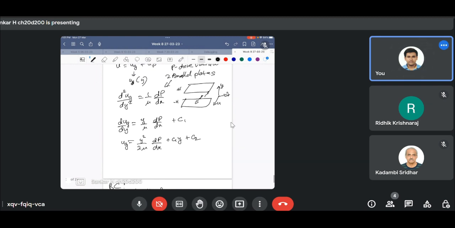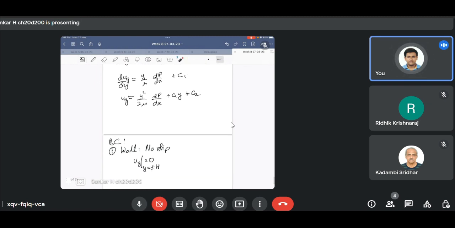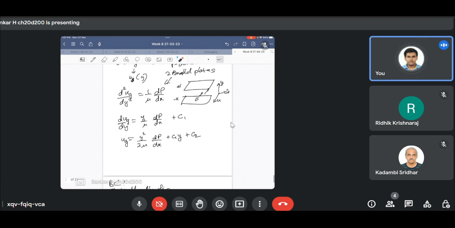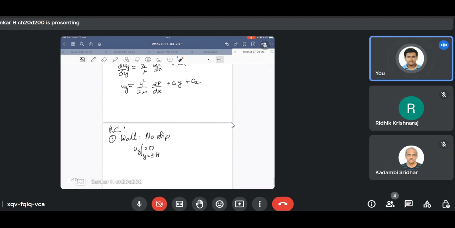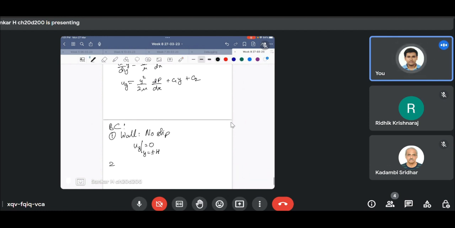But even though this boundary condition is given at two locations, plus h and minus h, we can't use both of them because they are redundant. Even if we use it at plus h or minus h, we can only find one of the constants here. So what is the second boundary condition that is required over here?